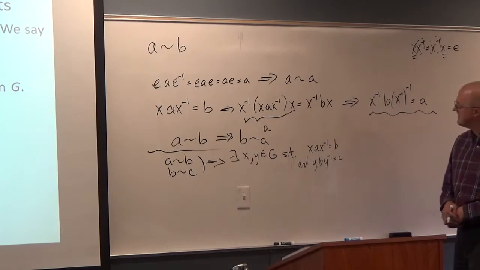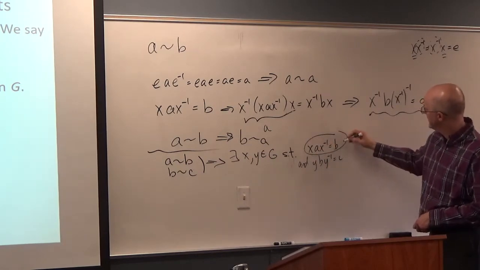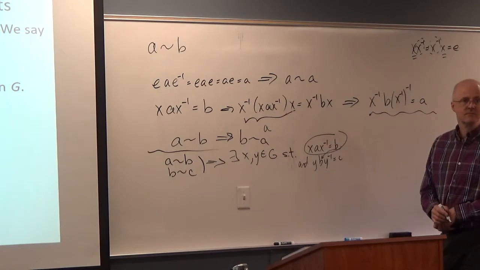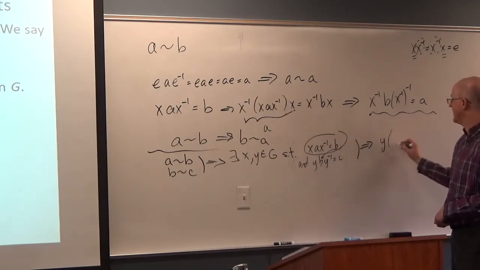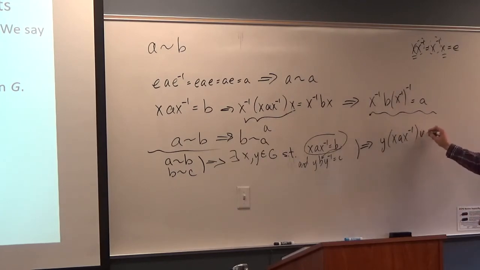Yeah, essentially, let's see here, you could take this equation B equals this and substitute it into there in place of that B. That will imply Y times XAX inverse times Y inverse equals C.